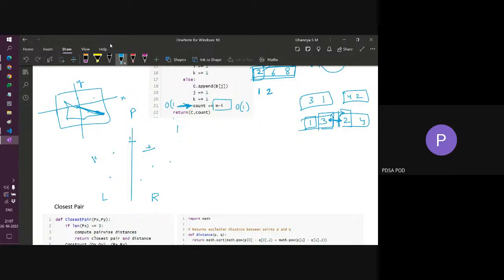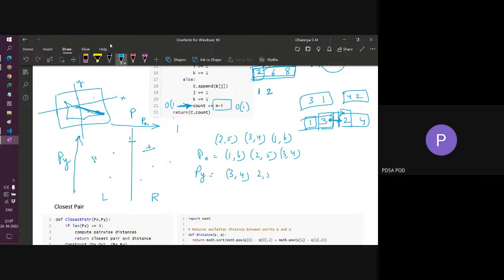We list these points in increasing order of x coordinate, and also in increasing order of y coordinate. Suppose your points are something like (2,5), (3,4), (1,6). Then the Px ordering will be (1,6), (2,5), (3,4), whereas your Py will be (3,4), (2,5), (1,6).